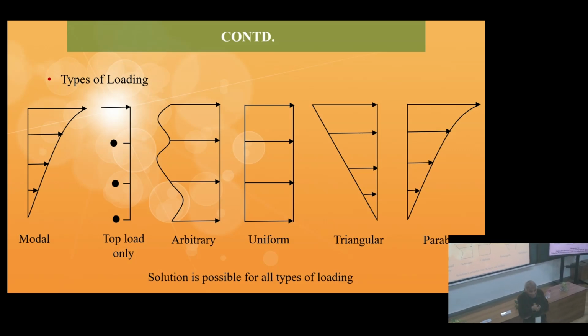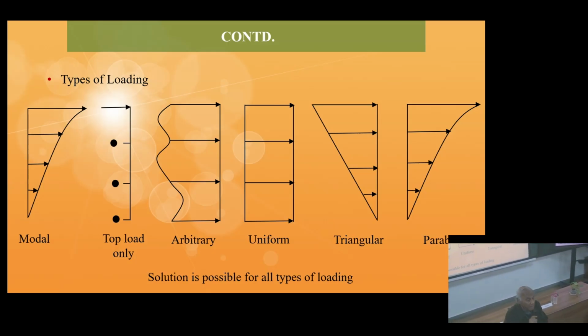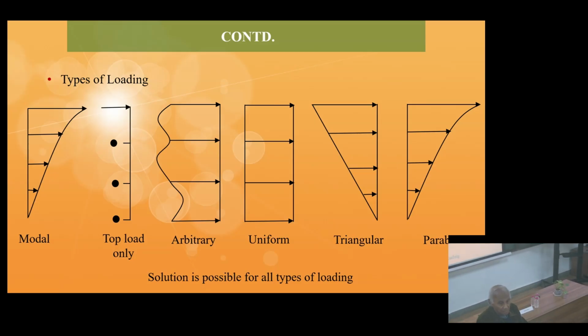If it is a single degree freedom system, it will have one frequency. We'll see later in our dynamics course that it is a 3 degree freedom system. It has got 3 frequencies, not one. Out of that, one frequency will be having the least frequency, or called fundamental frequency.